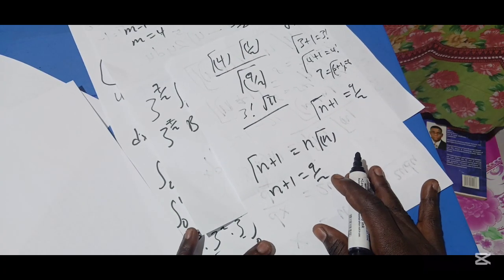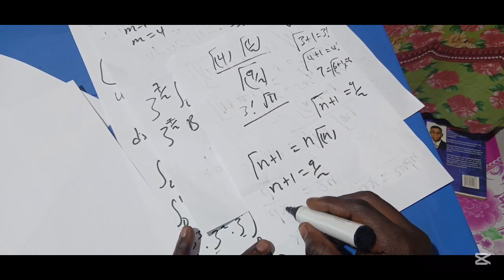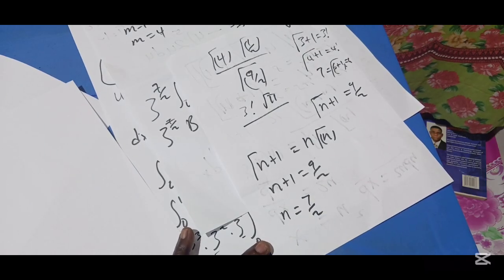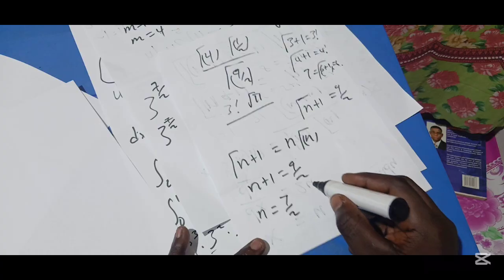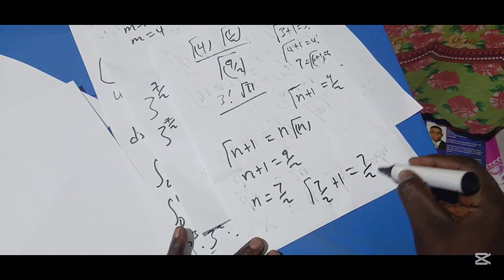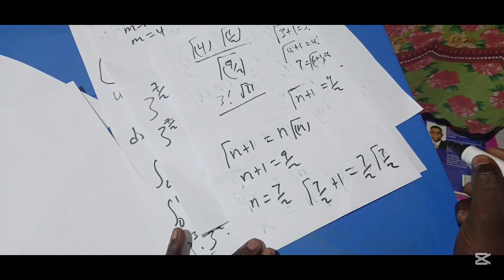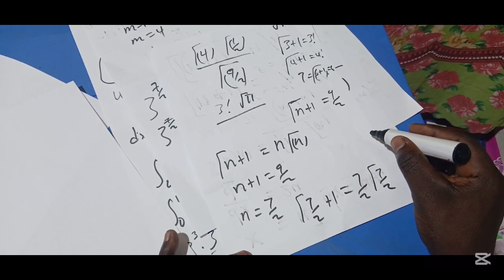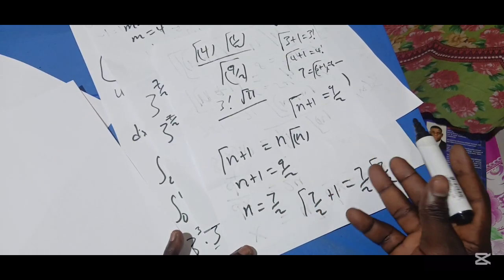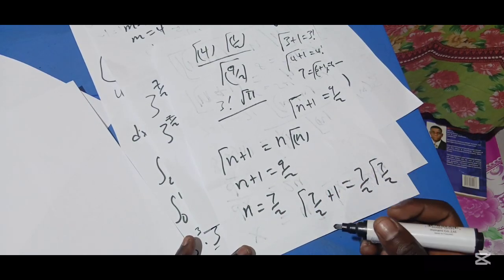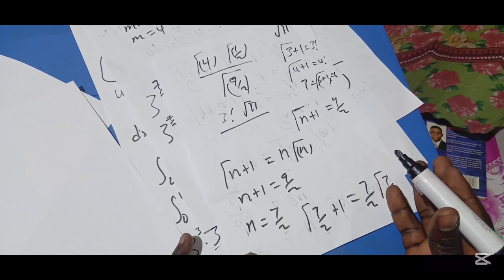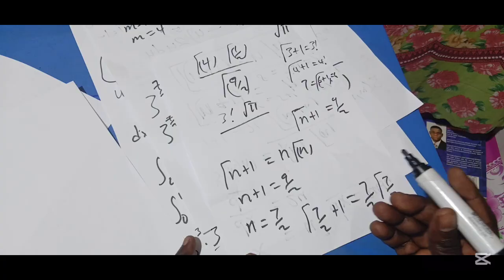Solving this, you will get the value of n to be 7 on 2. So you can say gamma of 7 on 2 plus 1 equals 7 on 2 gamma 7 on 2. You keep doing this until subtracting 1 would give you a negative, then you can stop at that point. Or if you get half, it will be square root of pi.